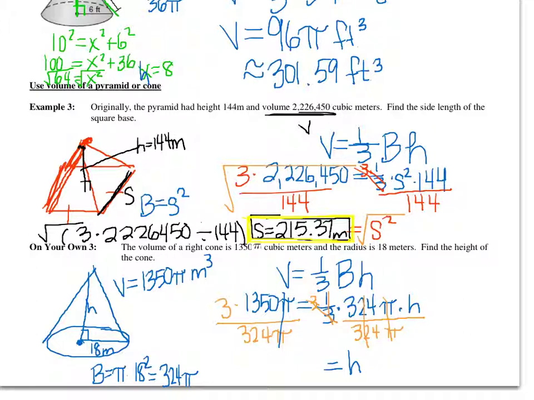So if you do 3 times 1,350 and then divide it by 324, you'll get 12 and a half, 12 and 5/10, and that's my height in meters. So there's my height right there. So we used our volume formula again, and then we just plugged in what we knew to solve our problem. We've got one last side here, so let's turn it over.